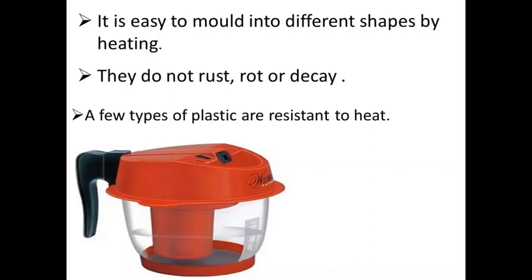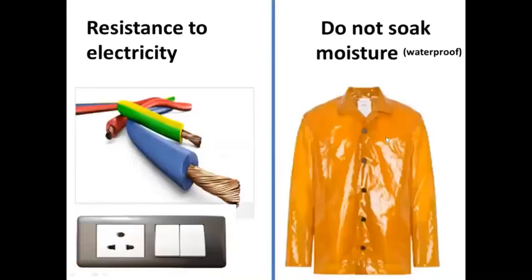Means they can bear high temperature. Here, this type of plastic is used in electric kettles and parts of aircraft. Even you can see here a picture of a vaporizer where this type of plastic is resistant to heat.